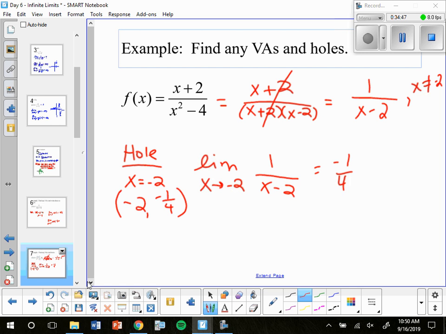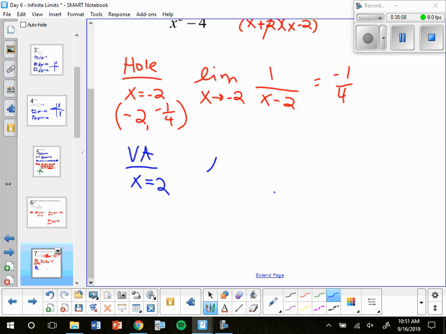Now, however, I have another discontinuity. What discontinuity do I have? I have a vertical asymptote at what other point? x equals 2. Do you see how I couldn't remove that one? It's still making my denominator 0. If I want to look at that, I can look at the limit as x goes to 2.